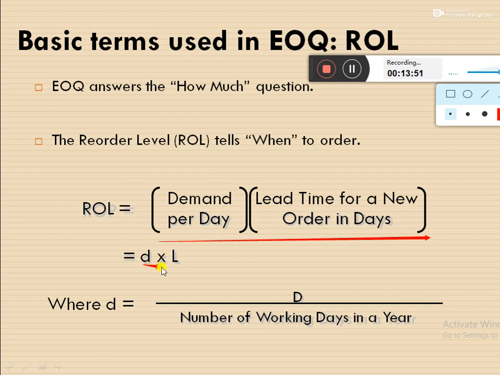In short, it can be written as D into L, where D denotes demand per day and can be calculated as total demand divided by number of working days in a year. Remember, in this case we are taking day as the unit of time. However, in other situations it can be given in terms of months, years or decades.